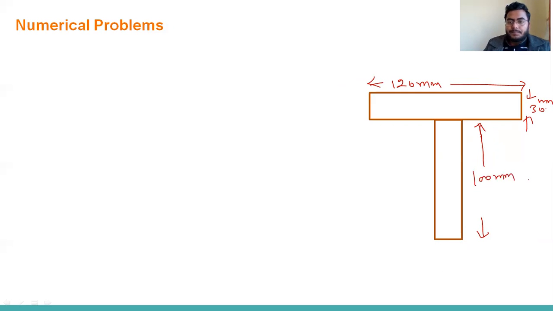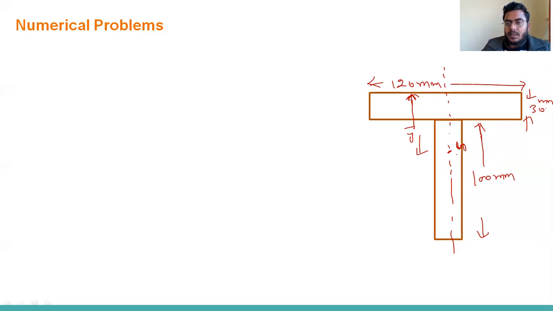Due to symmetry, we can say the centroid will lie on this line, somewhere here. I'm measuring from the top, so y bar is unknown.